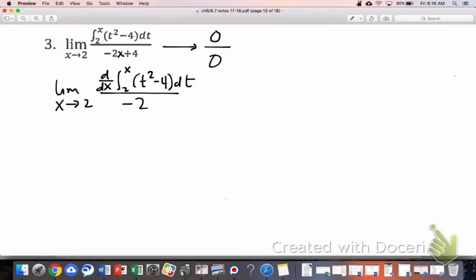It's FTC2, isn't it? It's the derivative of an accumulation function. And so if you're differentiating an accumulation function like this, then all you do is cancel out the derivative and the integral, and you drop the x in wherever you see a t. Technically, we multiply by the derivative of what you dropped in. In this case, it's just going to be a 1. So it'd be the limit as x goes to 2, and the numerator would be x squared minus 4. Denominator is negative 2.